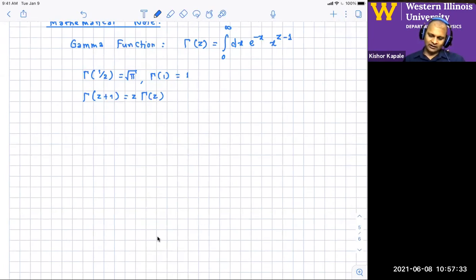In a factorial, n plus 1 factorial is equal to n times n factorial.